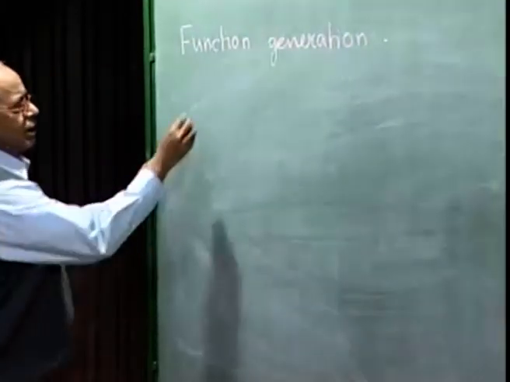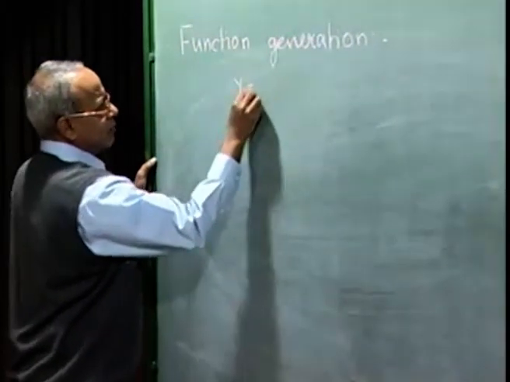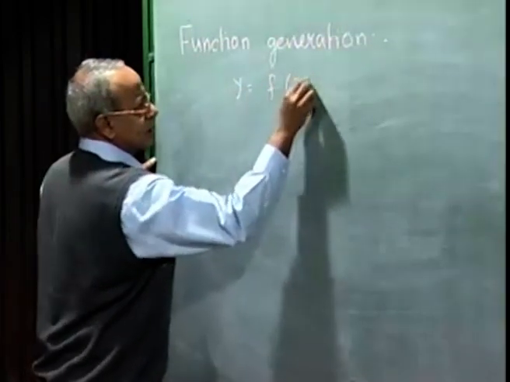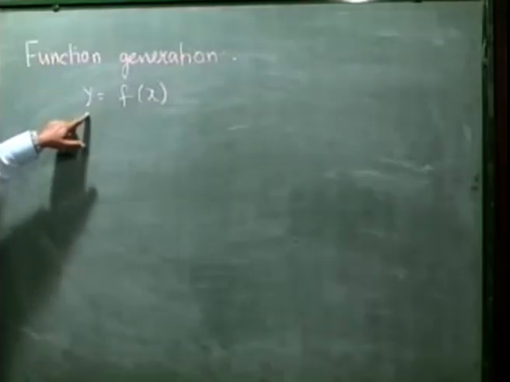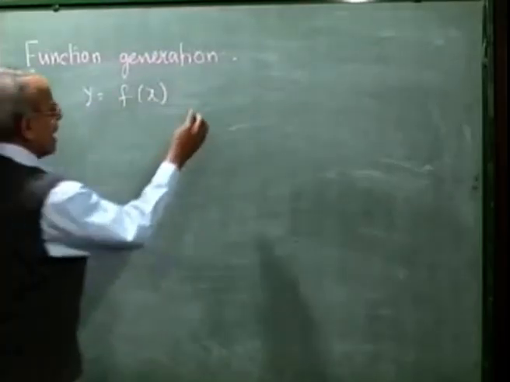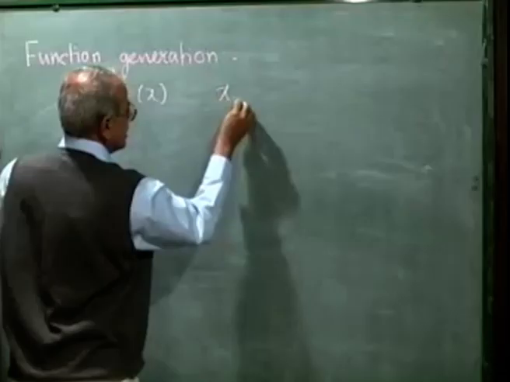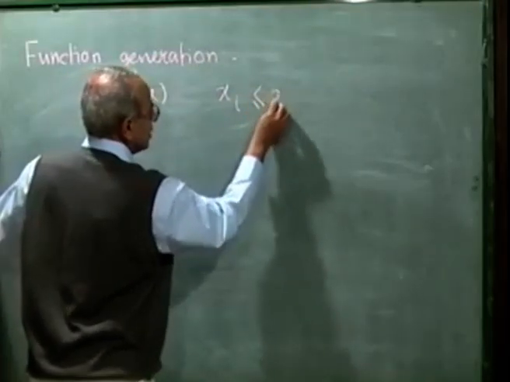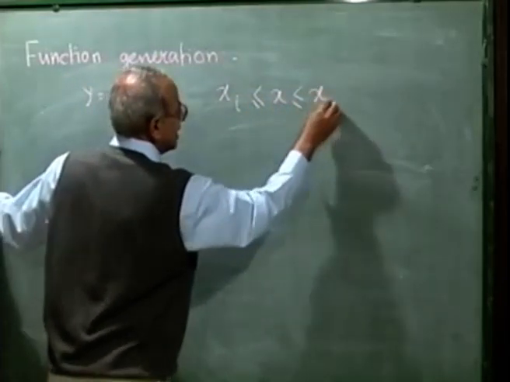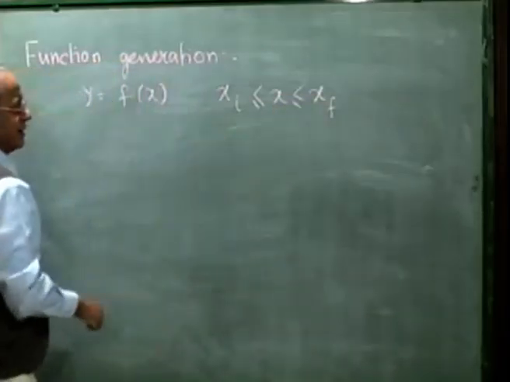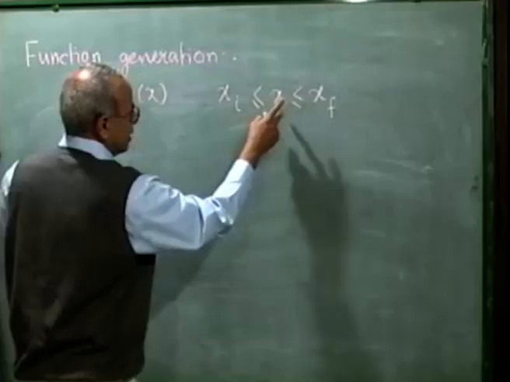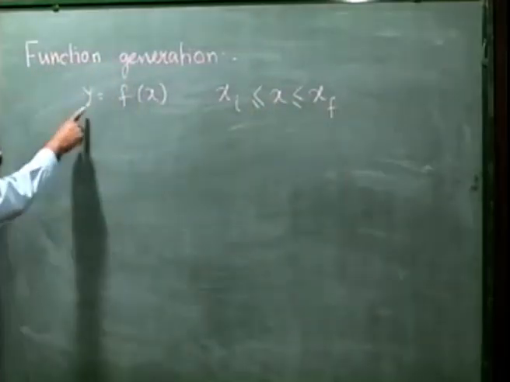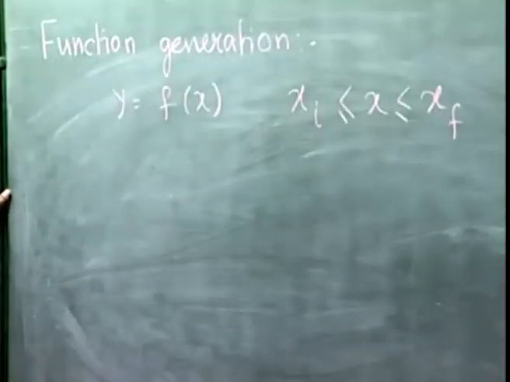Now, what we mean is that if y is a given function of x, where x is the independent variable and y is the dependent variable, and this function has to be generated in a range from x initial to x final, then within this domain of the variable x, I have to generate the function y by a mechanism.